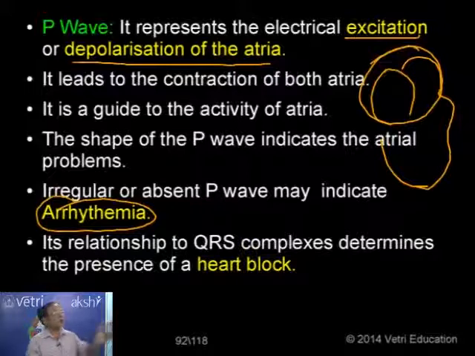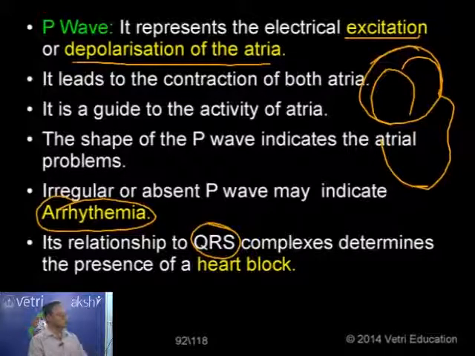Now, by making the relationship of this P wave with the QRS complex, the next three waves Q, R, S together called the QRS complex, one will be able to determine the presence of heart block.